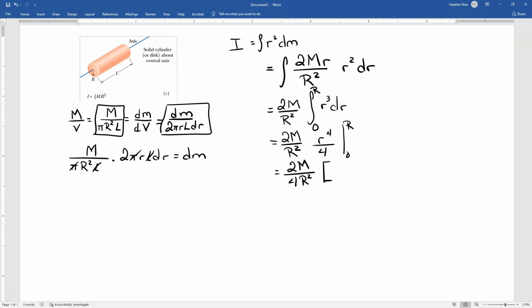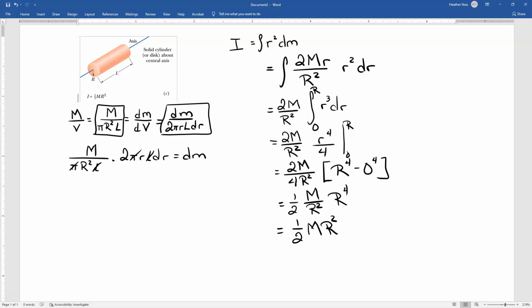Now when I evaluate, I'm going to put big R in first, then I'm going to put the 0 in, and that's going to give me 2 over 4 is 1/2 mass over R squared times R to the fourth. So that's going to give me 1/2 mR squared. And so this is kind of like where we go with all of these derivations.